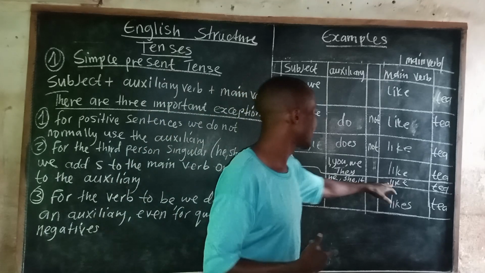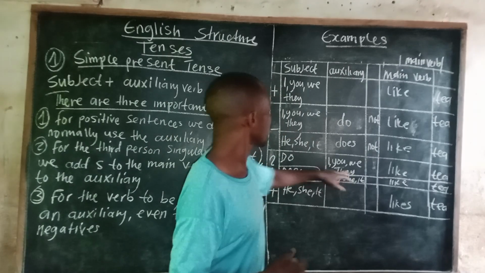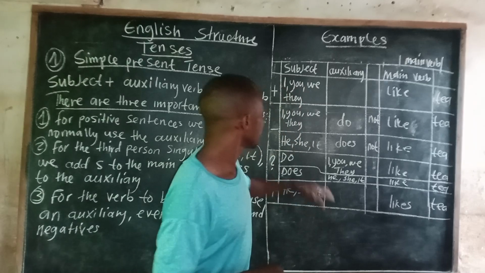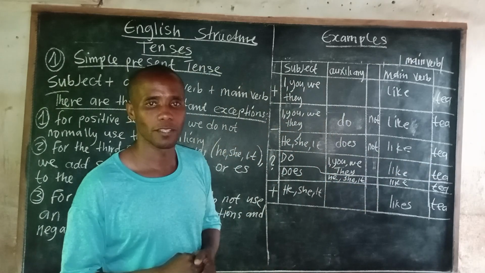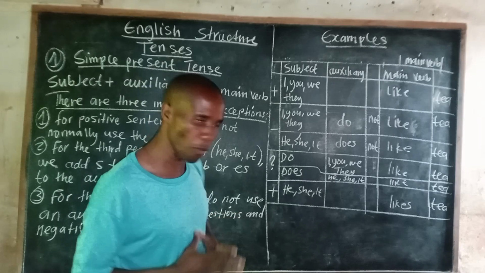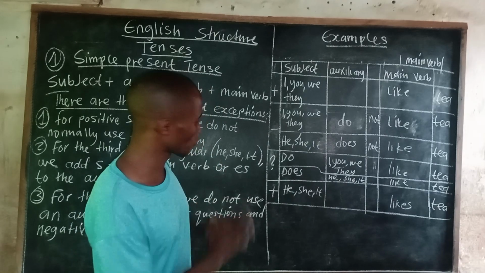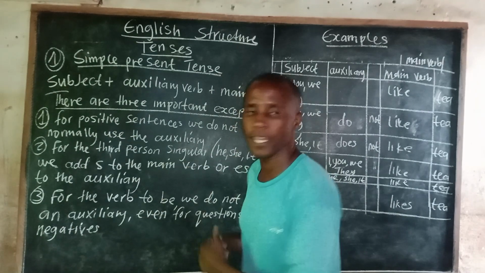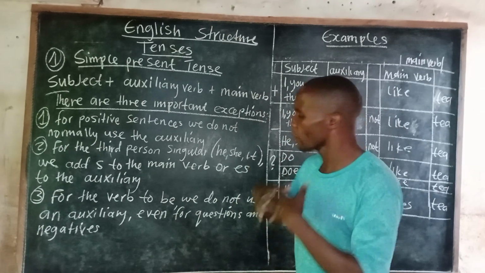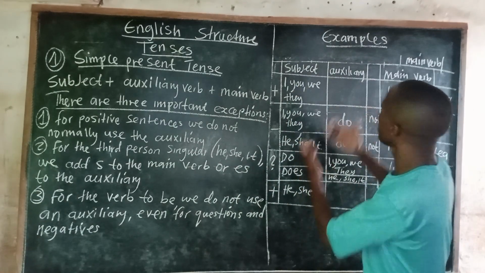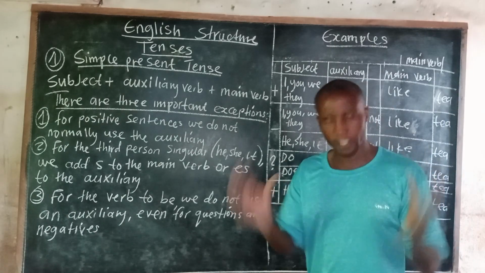Does he like tea? Does she like tea? Does it like tea? Okay, so that is the right way to go. English is about rules, and once you understand structure, it will be very easy for you to write a good composition, because you know more of the structure.